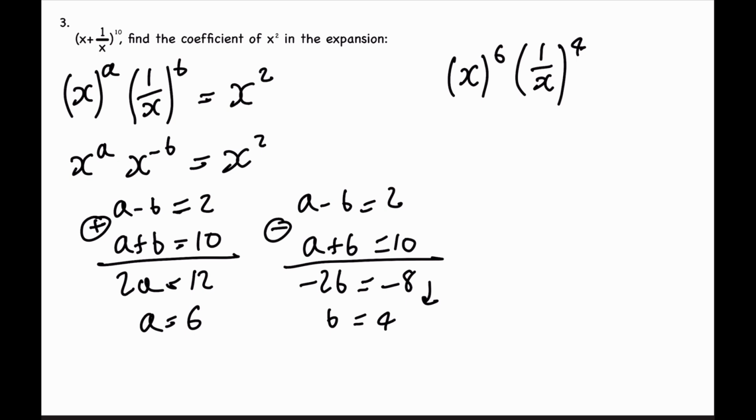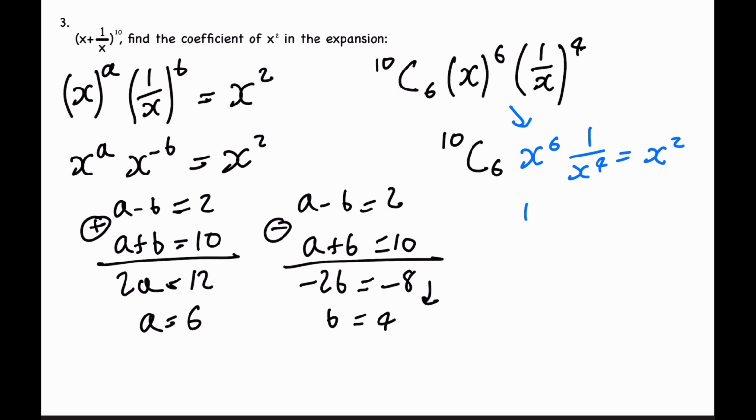To find the coefficient, you can just do n choose either 6 or 4, and you would get the same answer, so it wouldn't matter whether you use 6 or 4. So 10 choose 6 or 4 times this whole expression becomes x^6 times 1/x^4, which is x^2.